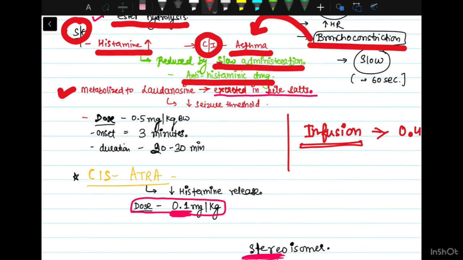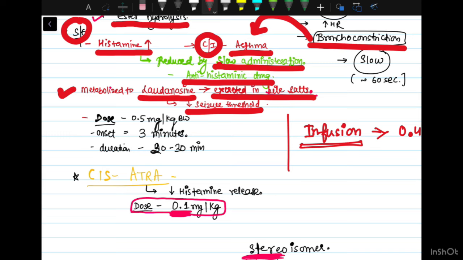Another thing about this is laudanosine. This is a metabolite which is excreted in bile, and it decreases the seizure threshold. A very practical point: in patients with renal failure or liver failure, atracurium is still going to be metabolized, so there is no problem with the patient coming out of the muscle relaxation.